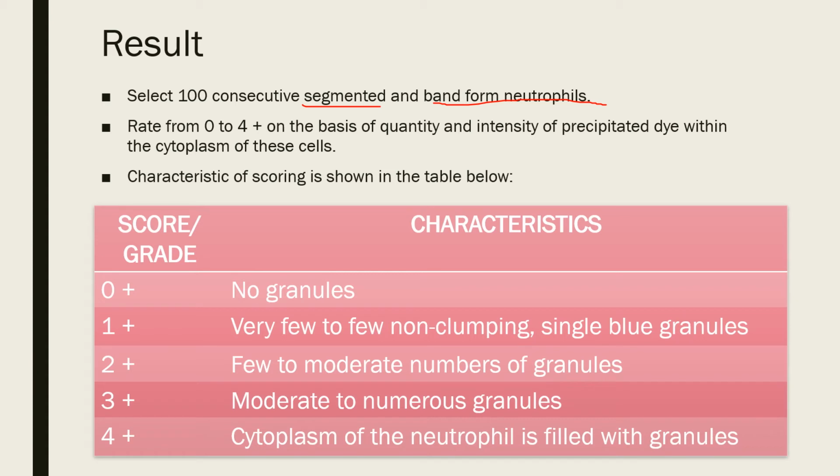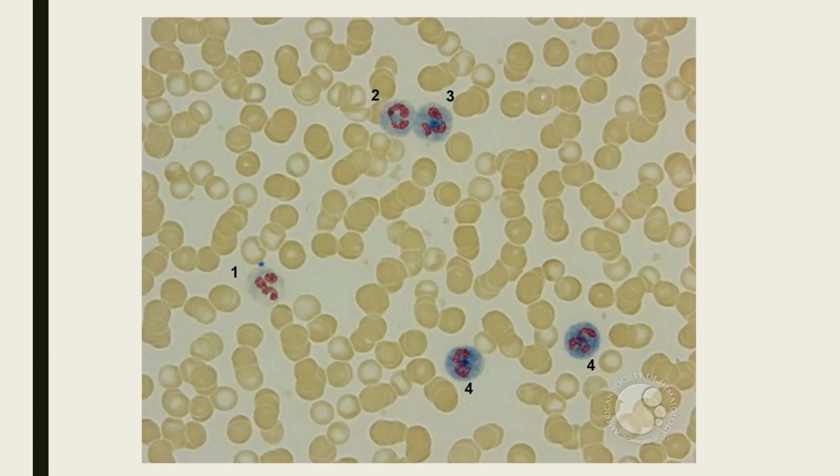Alright, now we are going to see some pictures of the results of the LAP test. Here we can see the results of 1 plus to 4 plus. For 1 plus, you can see single granules present, and the color is really weak.